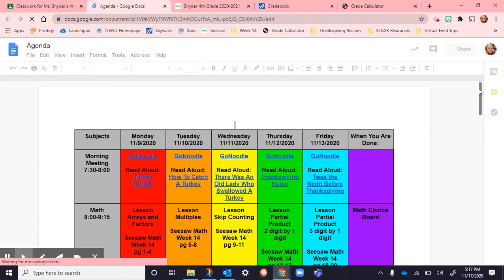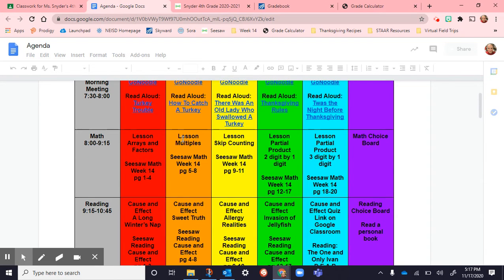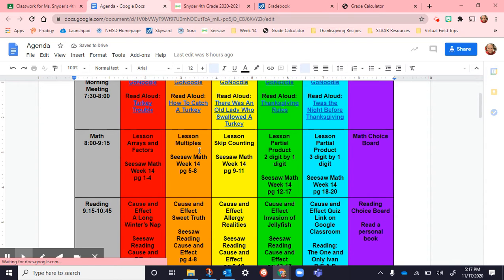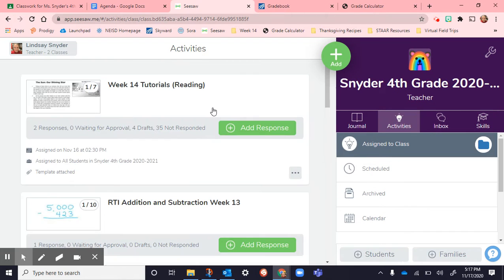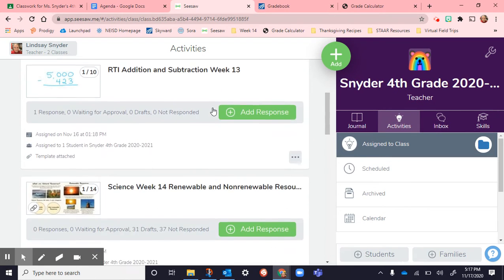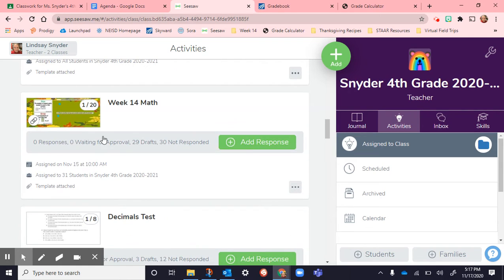So in math today, we are in the orange box here. We did a lesson on multiples. And this was in our Seesaw. So in Seesaw, if you go to activities, and go down to math for week 14.